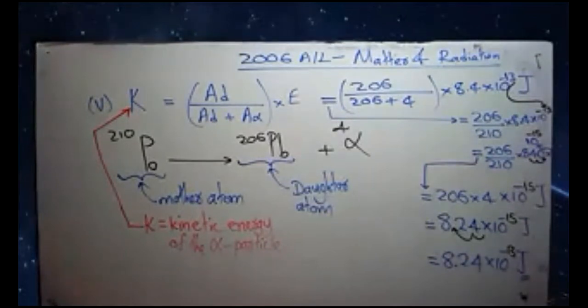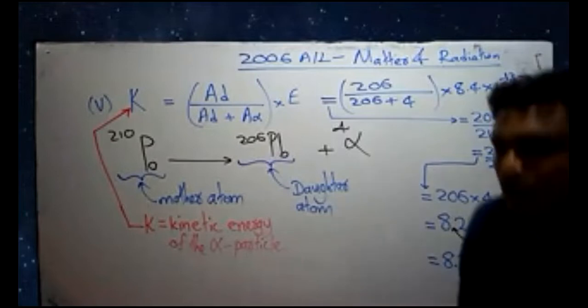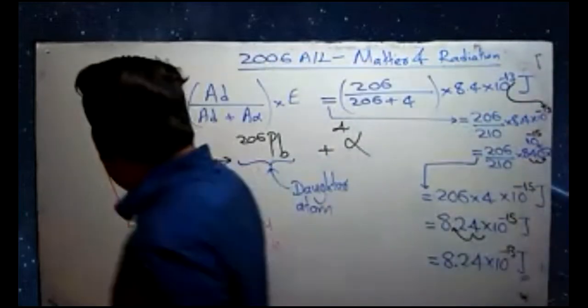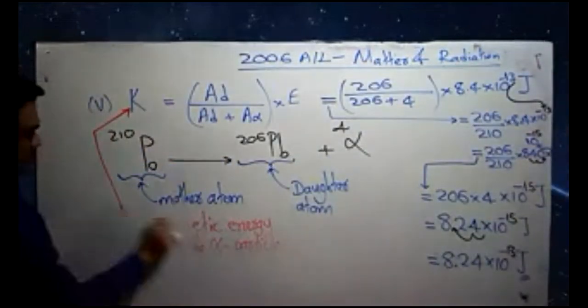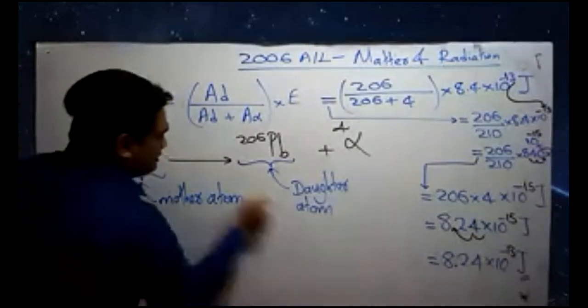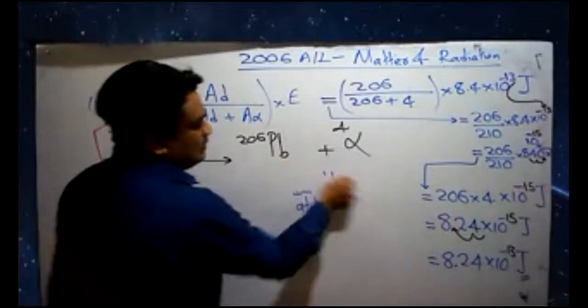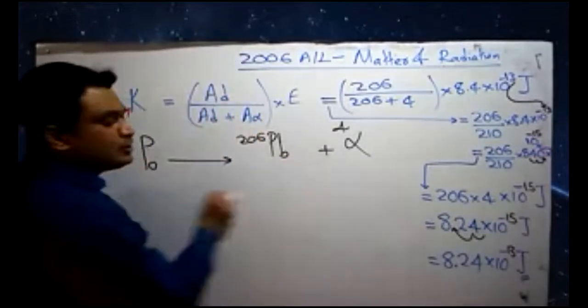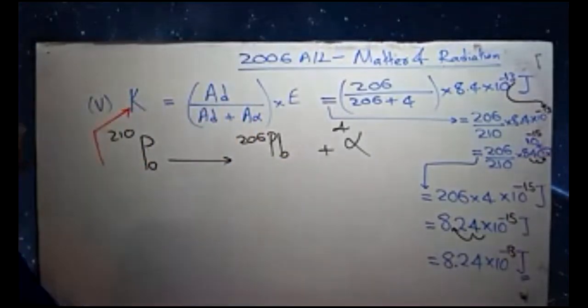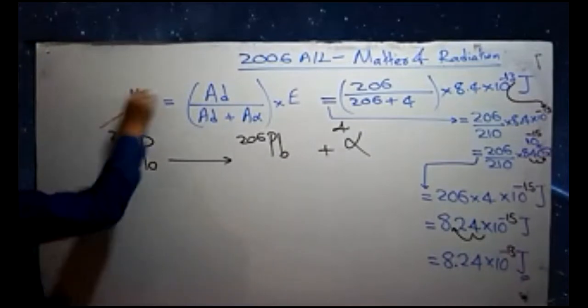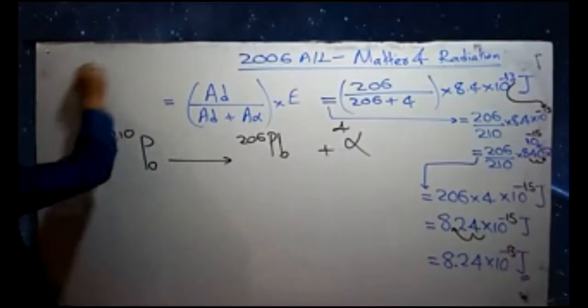Now, first of all, I should explain Avogadro's number. Look at both. So this is the given reaction. In this reaction, this 210 is said to be the mass number.